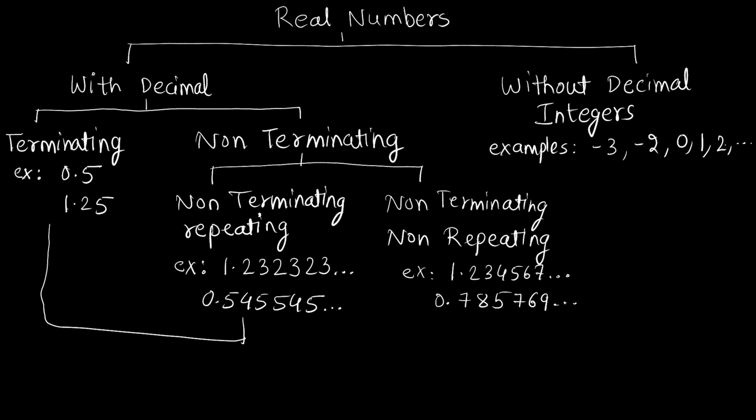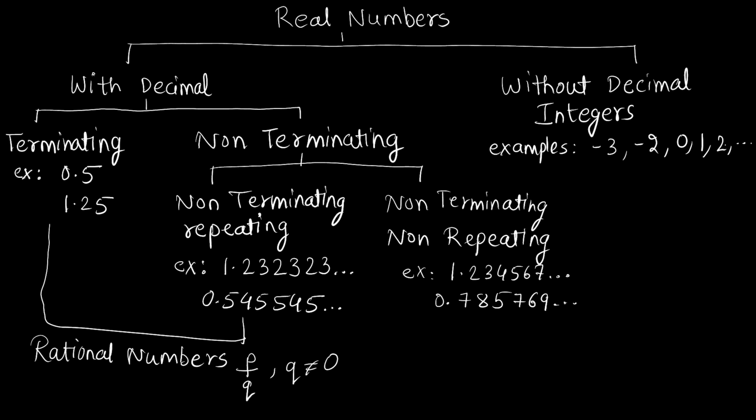Now these two categories, terminating decimal expansion and non-terminating repeating decimal expansion, fall under rational numbers, which basically means that these numbers can be written in the form of p by q, where q is not equal to 0.